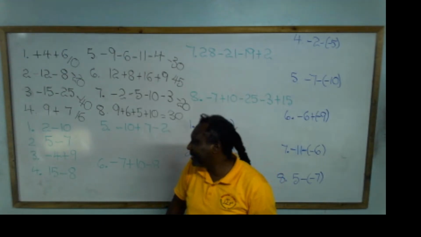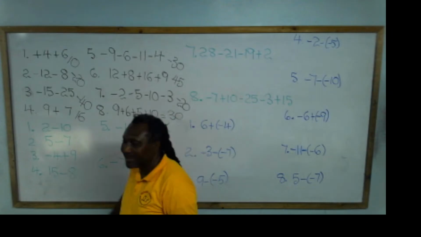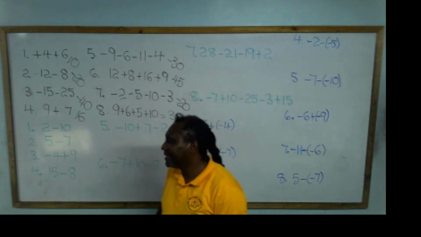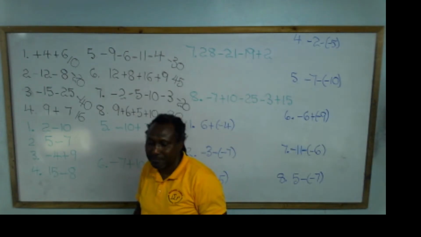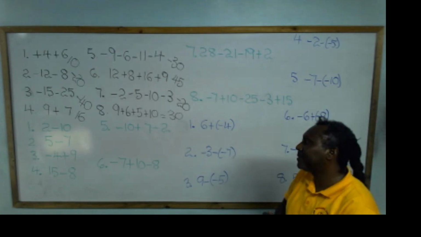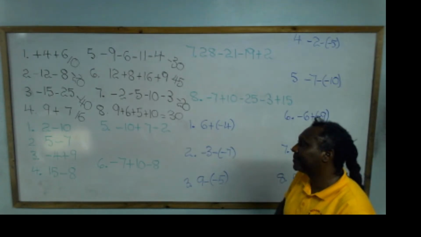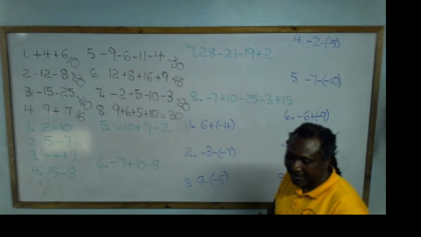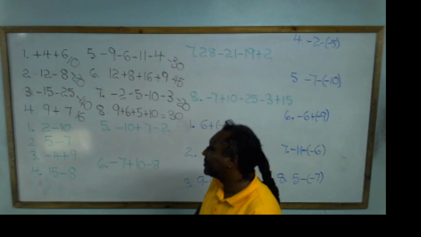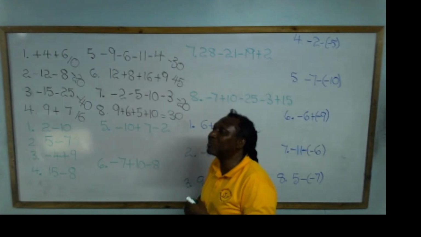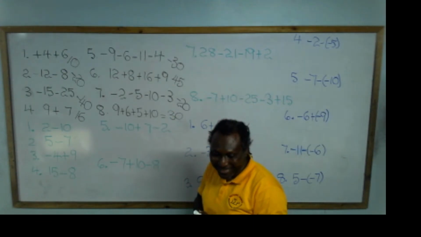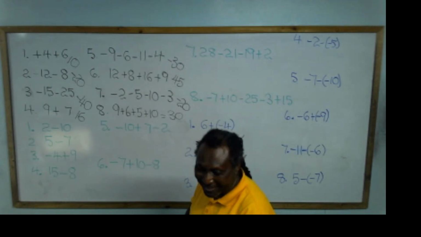Now I need you to take a look at these 4. Don't write any answer as yet. Take a look at those 4. You can work them out. I see answers coming up on the screen, but I'm not going to acknowledge them because I say that you should not write the answers yet.